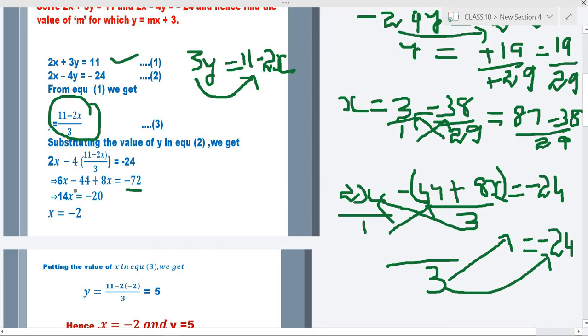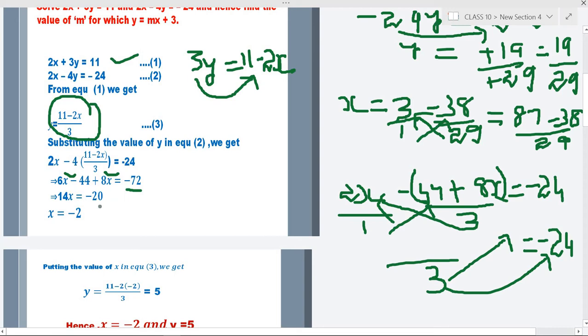And what is remaining in the LHS? Group these two numbers, this number and this number. These are like terms. They are having x as the variable, so they are like terms. Add these like terms, you get 14x.